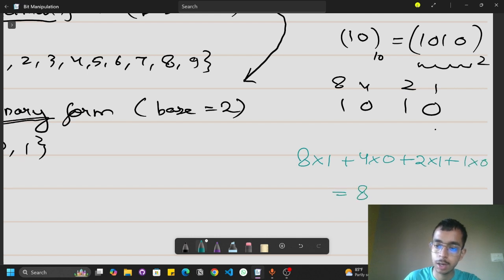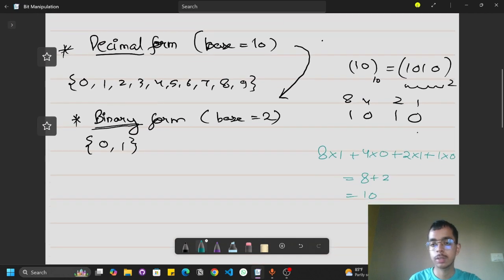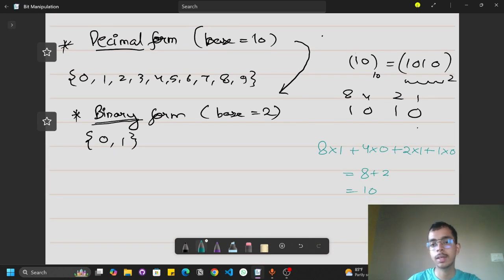That gives us 8 plus 2, that gives us 10. So this is how the system works. That's why 10 can be represented like this in the binary system.